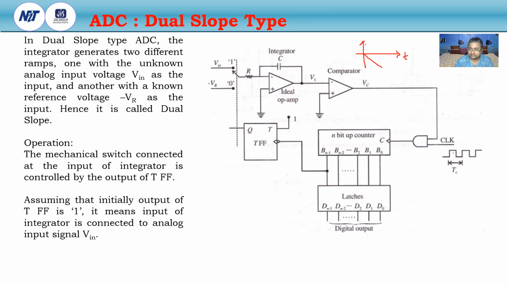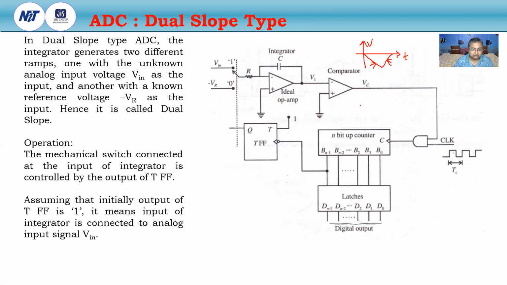And when the input switch is connected to the minus VR of this integrator, the integrator produces the positive ramp. So here this is the negative ramp, here this is the positive ramp, so there are two slopes, one negative and one positive. For this reason it is called the dual slope.